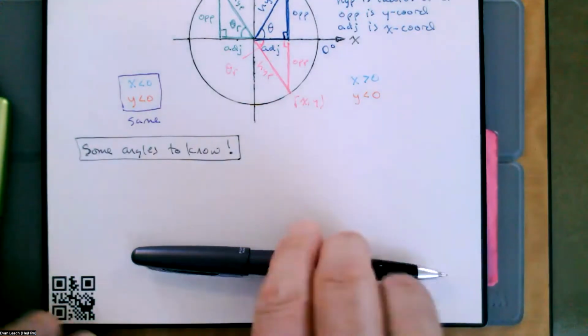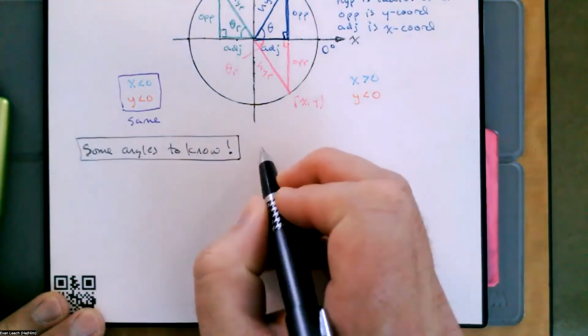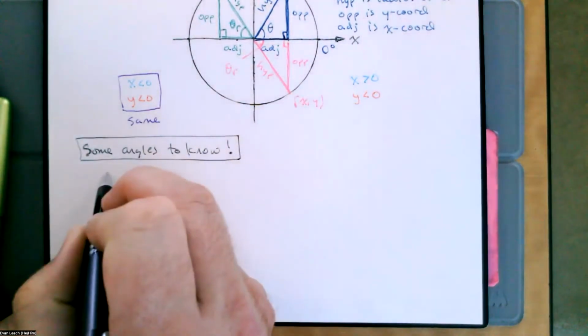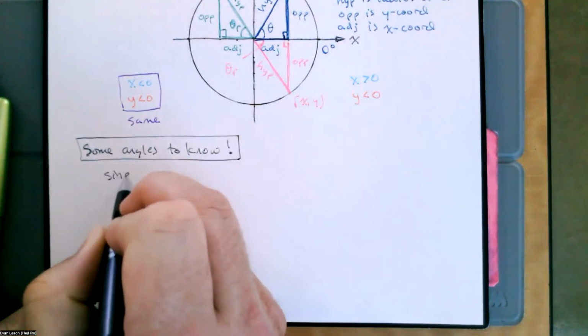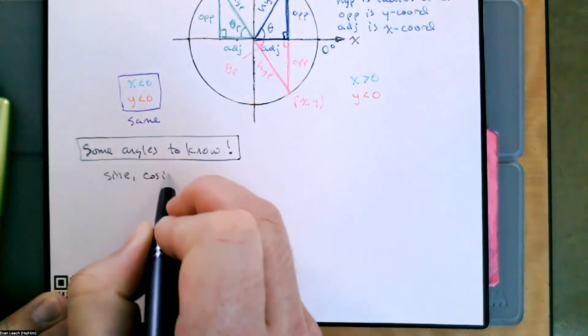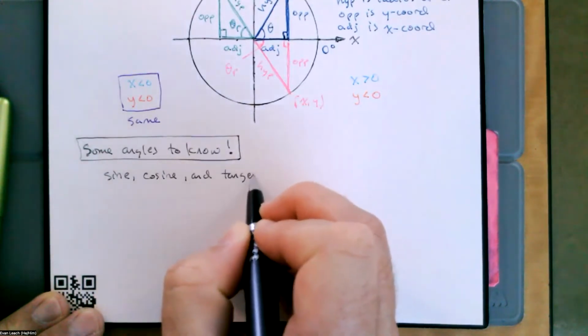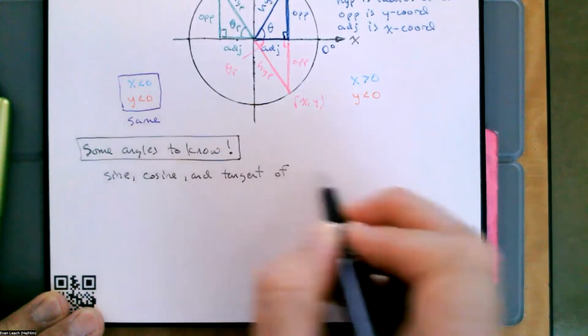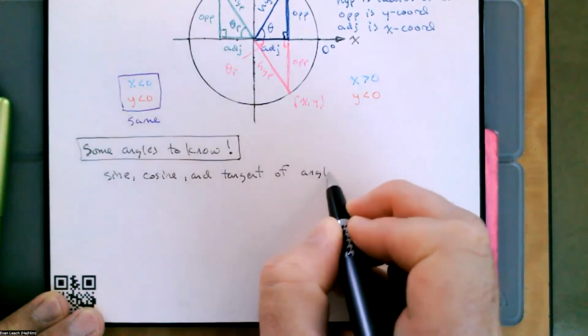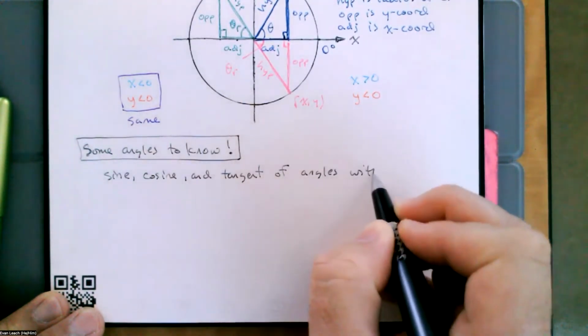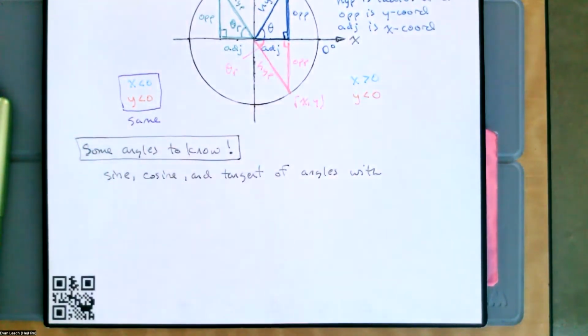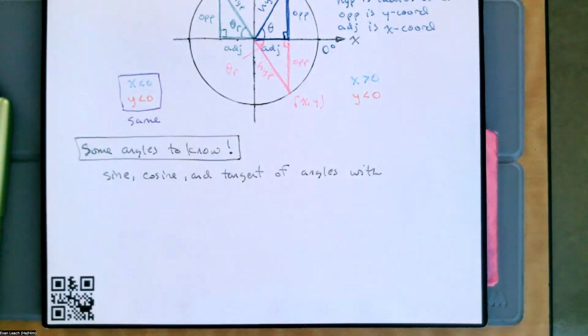So here's the stuff that we want to know. We are going to want to know sine, cosine, and tangent of angles with a 30, 45, or 60-degree reference angle in all four quadrants.